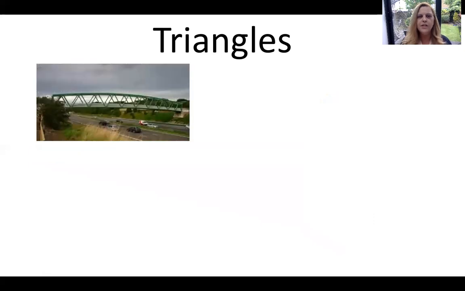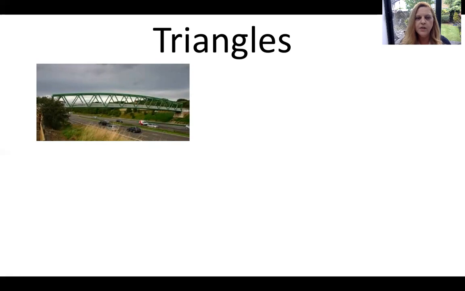We're now going to look at some pictures of structures that use triangles. The first picture is of a bridge, and you can see how it's supported with steel or metal triangles, because triangles are the strongest shape in building.